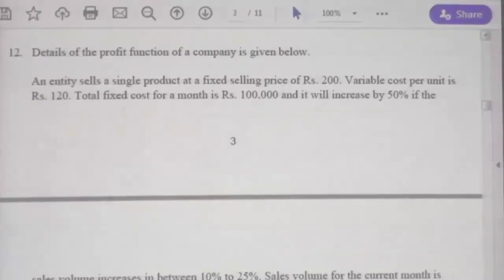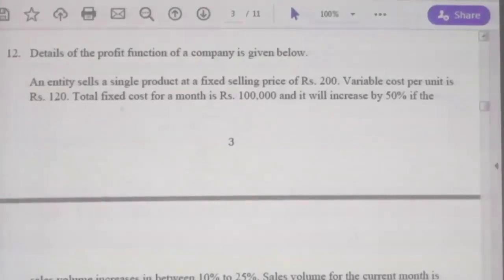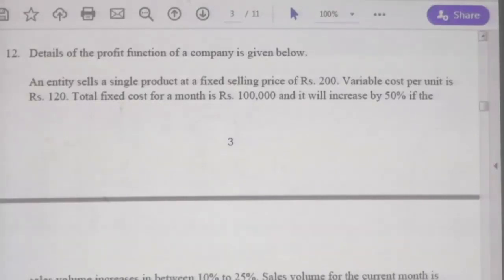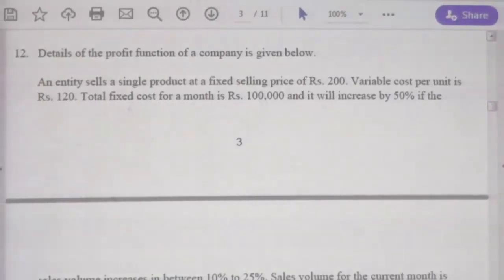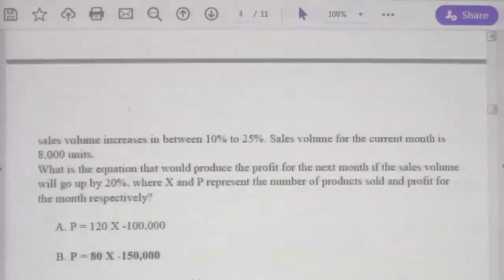Details of the profit function of a company are given below. Profit function: an entity sells a single product at a fixed selling price of 200. Variable cost per unit is 120. Total fixed cost for the month is 100,000, and it will increase by 50% if the sales volume increases between 10% and 25%.